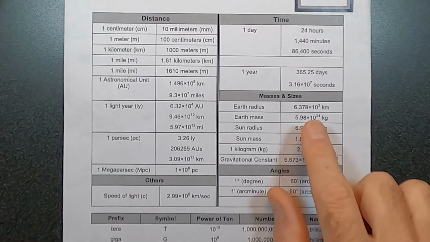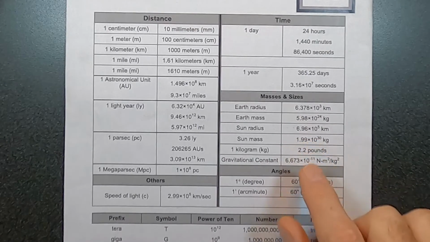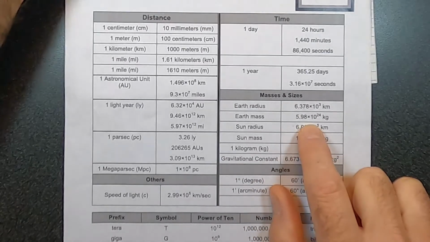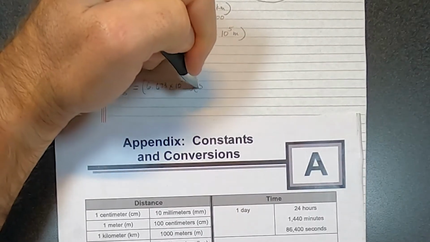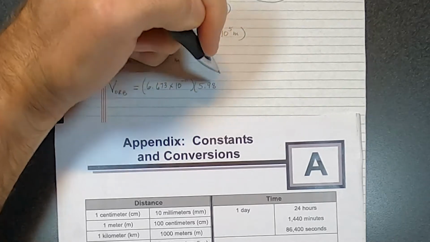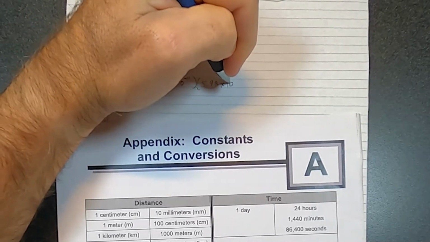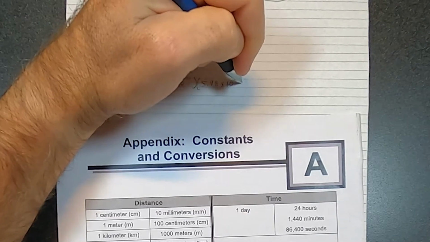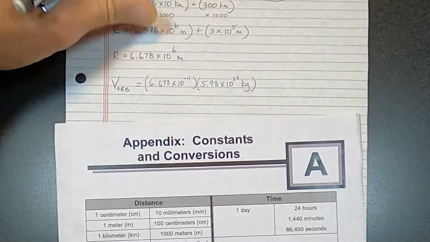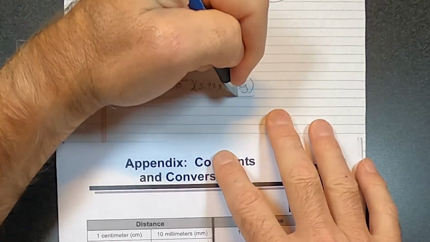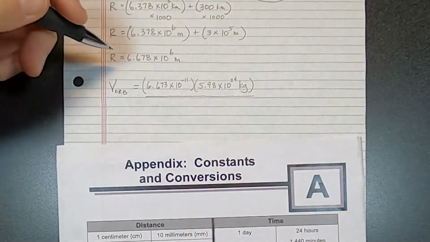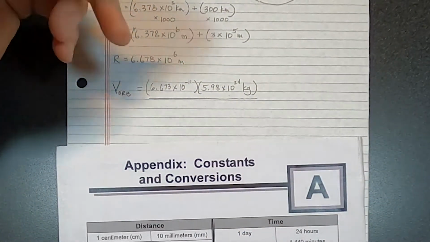M is the mass of the Earth. There it is. 5.98 times 10 to the 24, and it's kilograms. Put a line. And then our R is this number here.